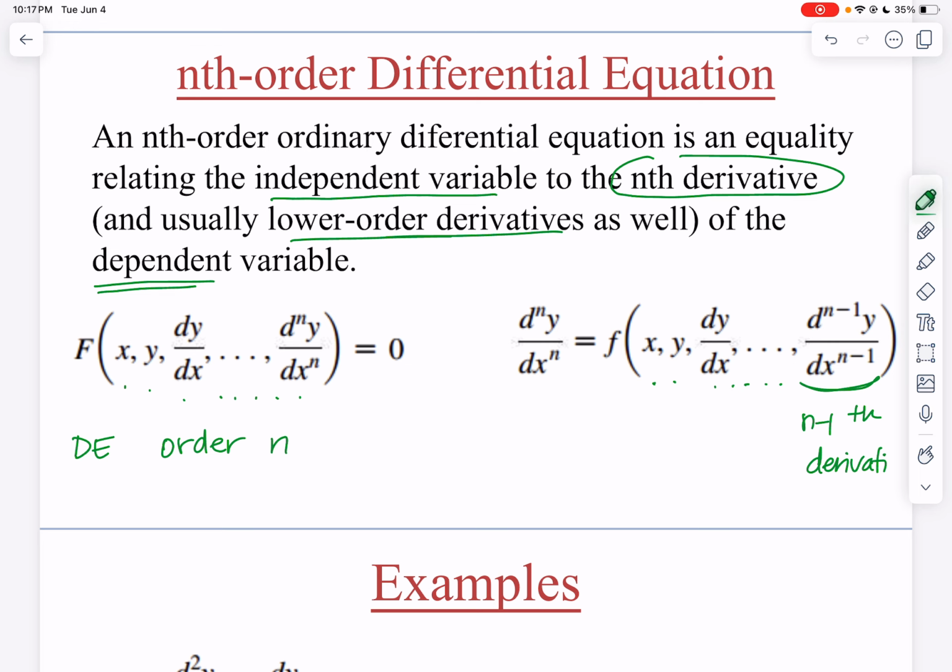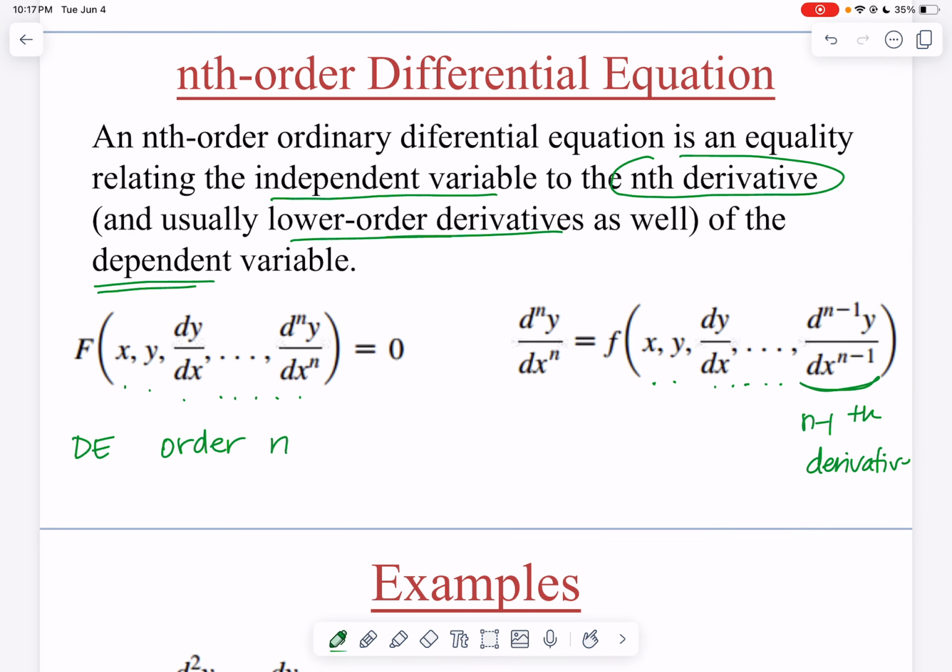So here we have just solved for this nth derivative. And this is really the preferred equation.